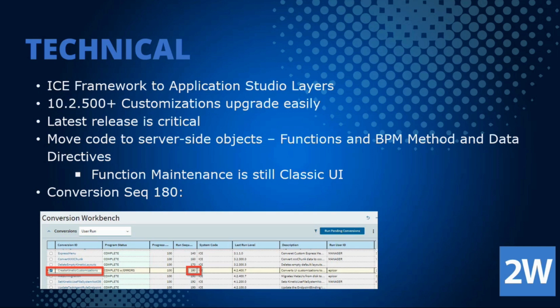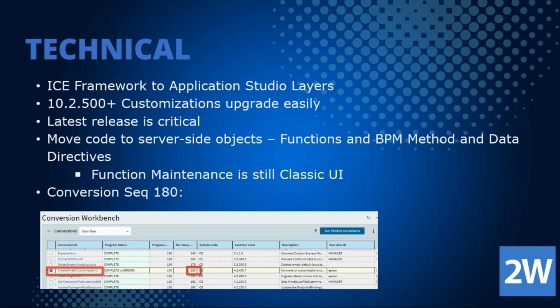Generally speaking, if it worked in 10.2.500 or 10.2.700, there's very little adjustment required on server-side code, functions and BPMs to move from 10.2.700, for example, to Kinetic 2023.2. So the sooner you can start moving that client-side code from a customization layer into server-side code, the easier your upgrade path is going to be.